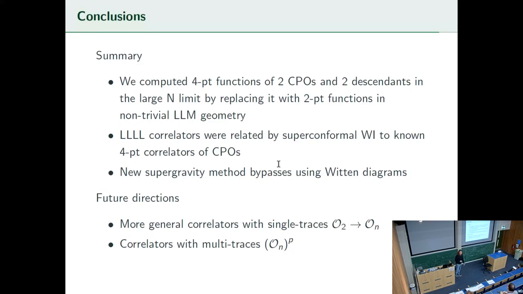In terms of future directions, it will be interesting to generalize this technique and replace the single trace operator O2 with a more generic operator ON, which is possible in our approach, and will correspond to considering the higher harmonics of the dilaton.